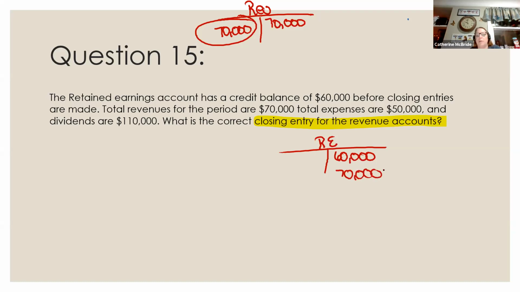So I'm going to have to credit retained earnings. My journal entry to make revenue zero is going to be a debit to revenue and a credit to retained earnings.